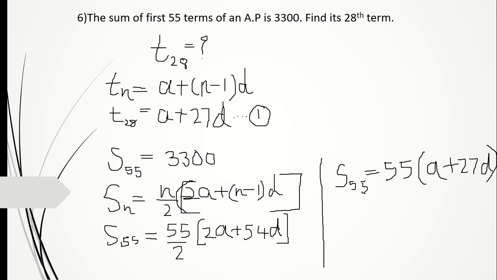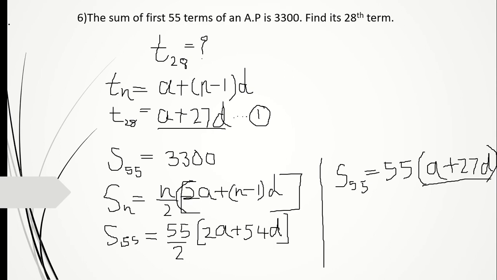Now S55, I know the value, 3300. This is 55 times (a plus 27d), and a plus 27d is T28.